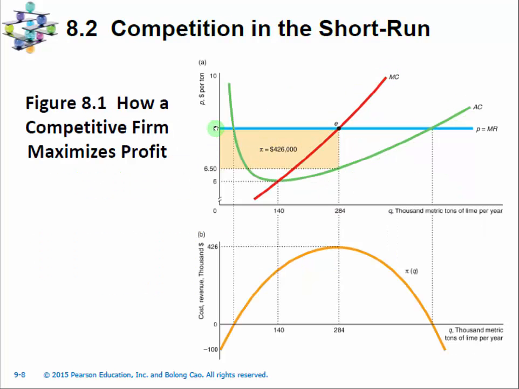For a firm in perfect competition, the marginal revenue curve is flat, as we have reviewed, and the firm decides how much to produce for profit maximization at the point where marginal cost meets the marginal revenue curve, this point E here.